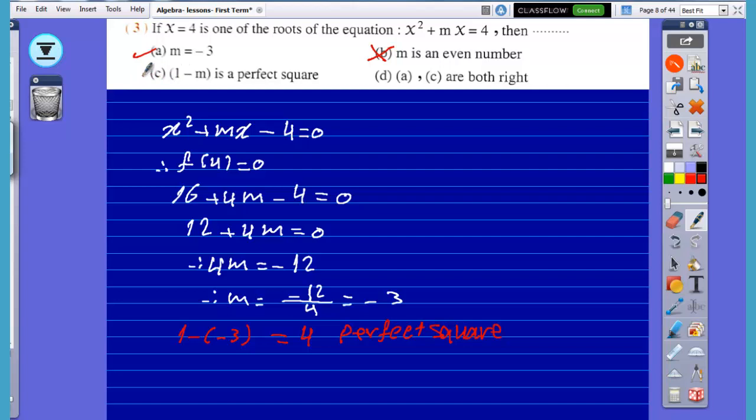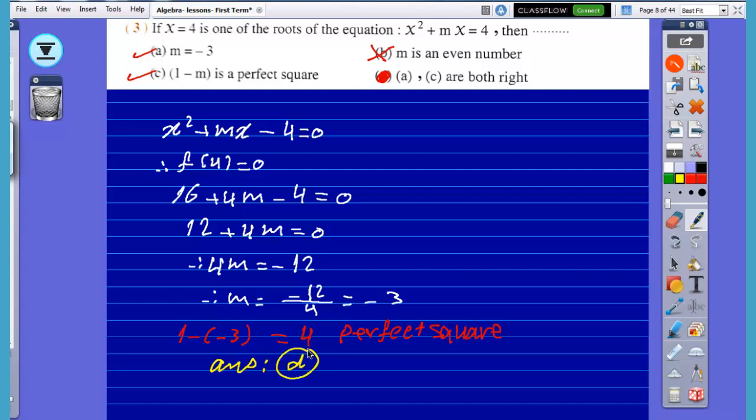So the solution in C is right. Here they said A and C are both right. The solution in A is right, and the solution in C also is right. So the answer is letter D.